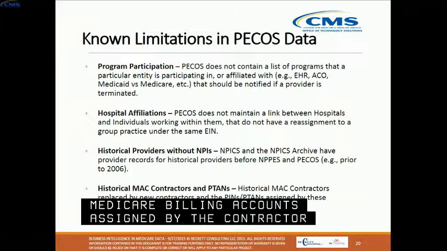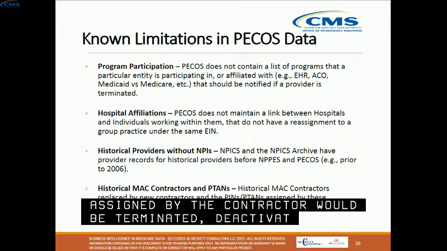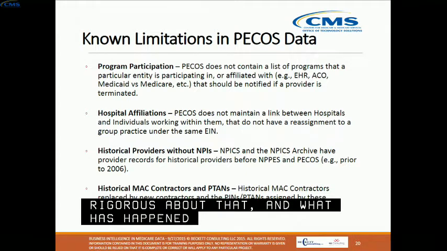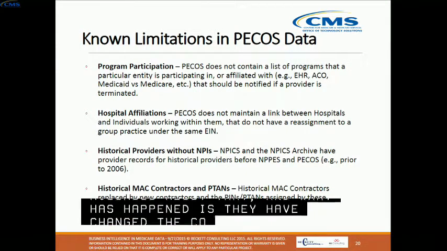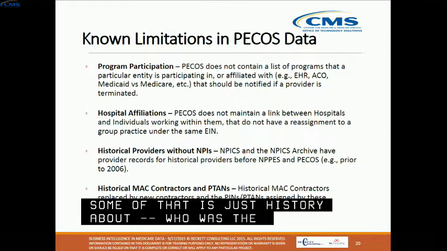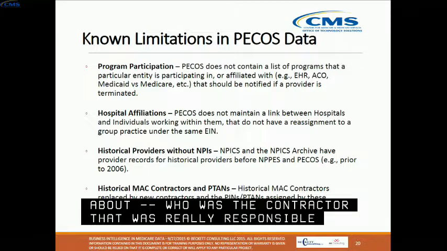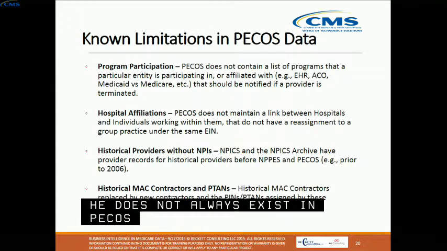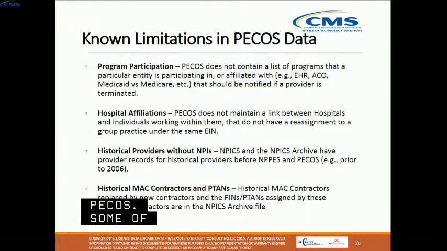They've gotten a little less rigorous about that, and what has happened is that they've just changed the contractor identifiers. And so some of that history about who was the contractor that was really responsible for managing this historically doesn't always exist in Pecos. Some of that only exists in the NPICS archive file, and therefore it's not available in Pecos. So there are some known limitations in Pecos data.